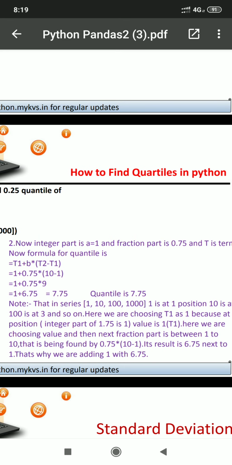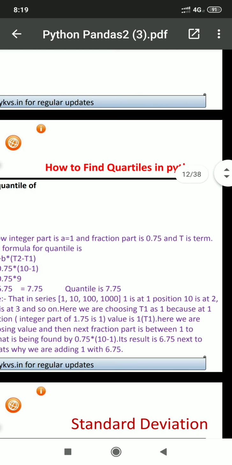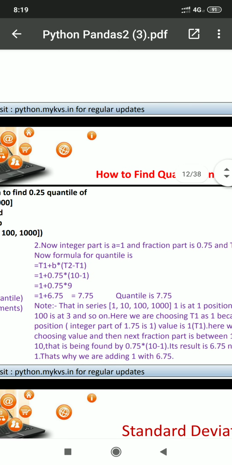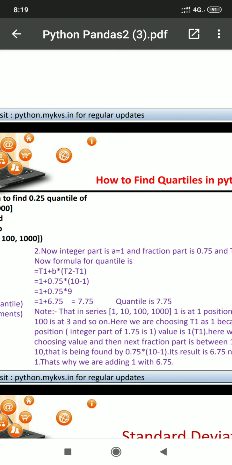If we divide this number into 2 parts, integer part and fraction part, the integer part is 1 and its fraction part is 0.75, and t is the term. Okay, now how can we find out our quantile?